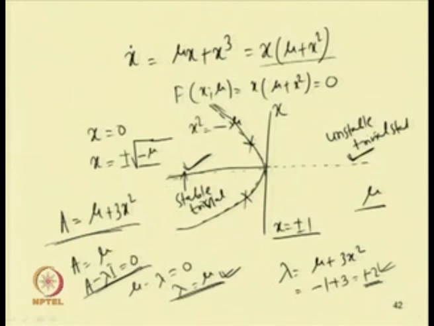At this bifurcation point, what we have observed is a stable trivial state along with two unstable non-trivial states, and after the bifurcation this branch becomes unstable.